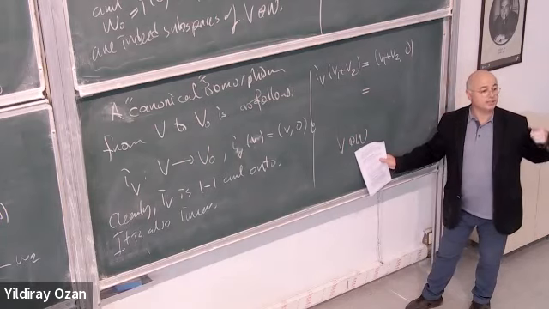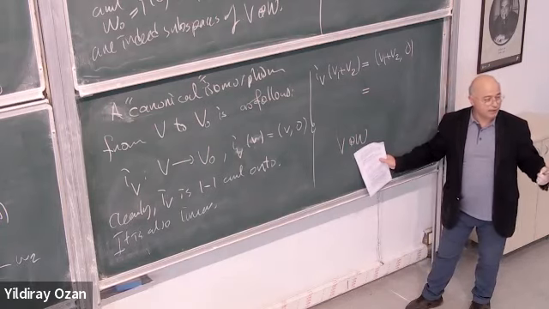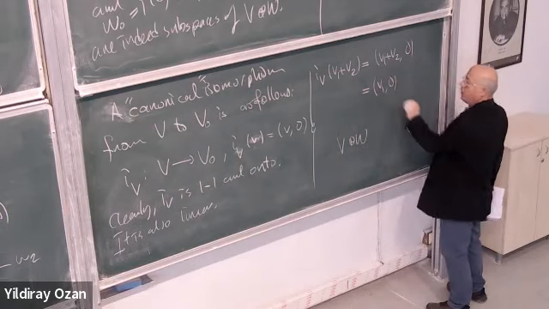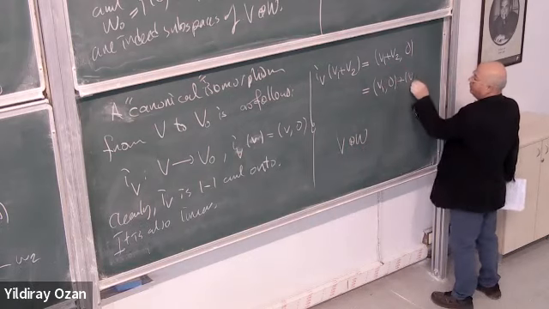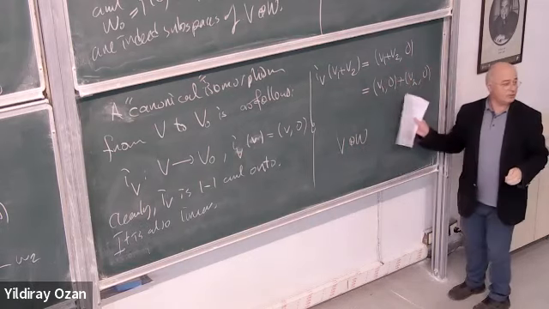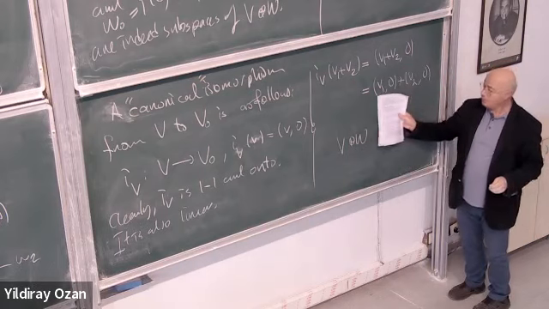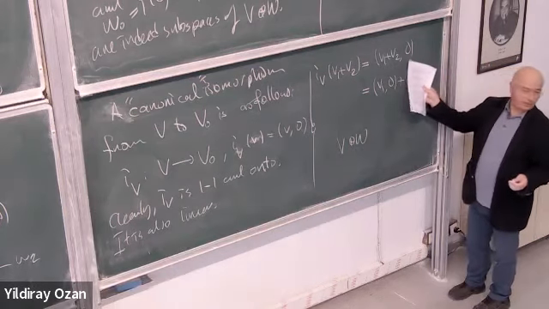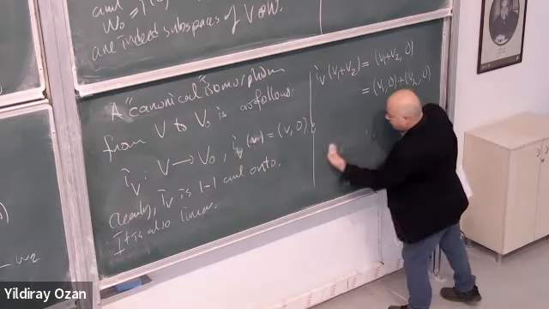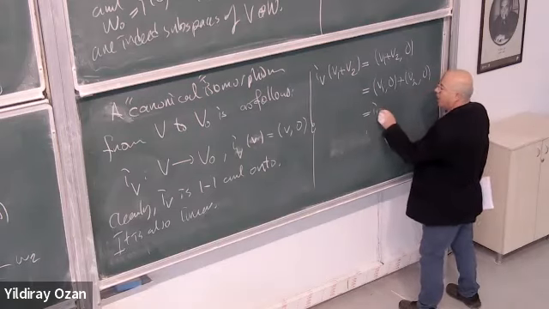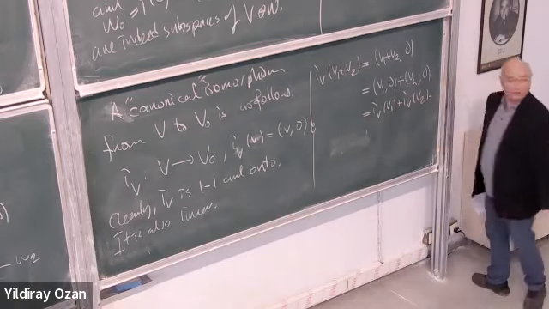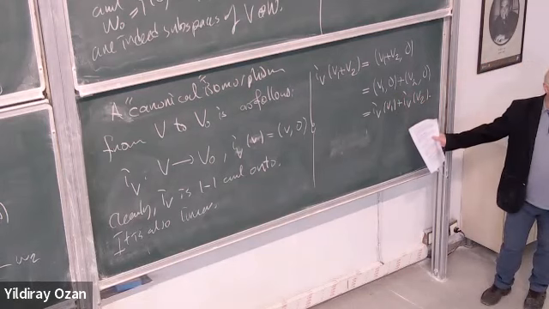Addition operation is just component-wise addition, right? This element can be written as (v1, 0) + (v2, 0). If you add these two, you just get this, because v1 + v2 is this, 0 + 0 is this element. But what is this? It is just i_V of v1 and this is i_V of v2. Okay, so the first condition is satisfied, right?